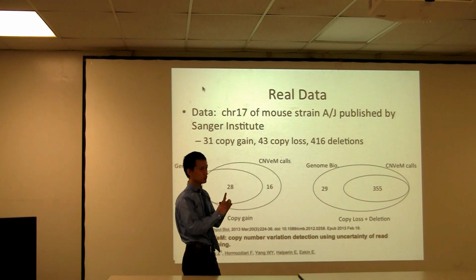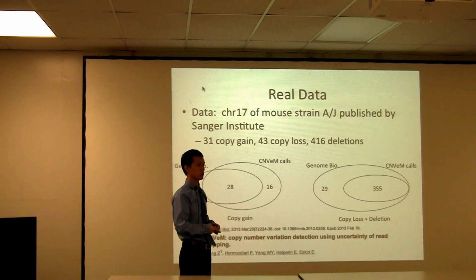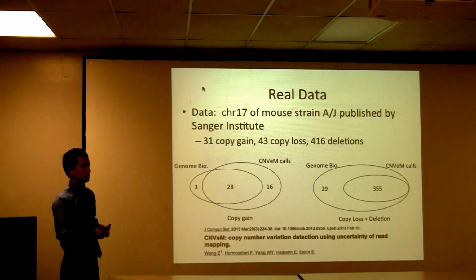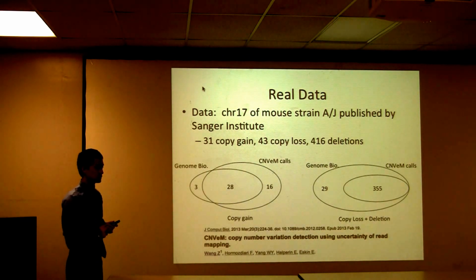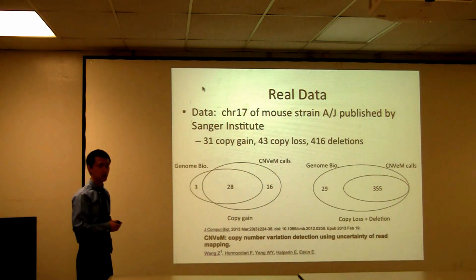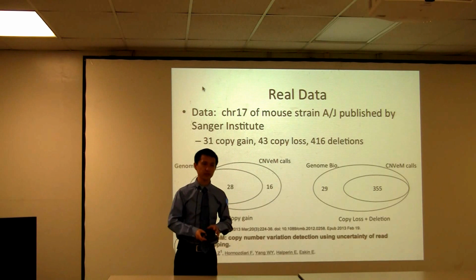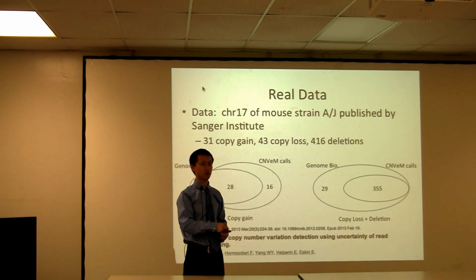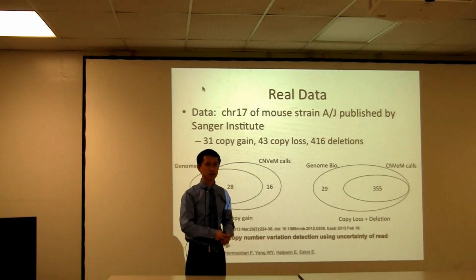There are two strands for each chromosome, so the performance might be different. Yes, right. Because CNVnator doesn't predict the exact copy numbers, they only have to know whether it's copy gain or copy loss. And for us, yeah.